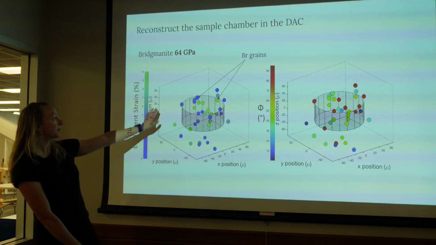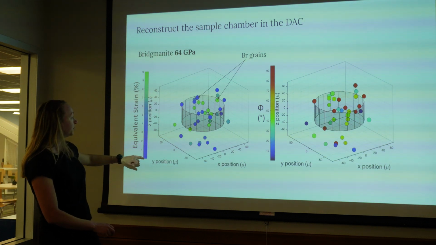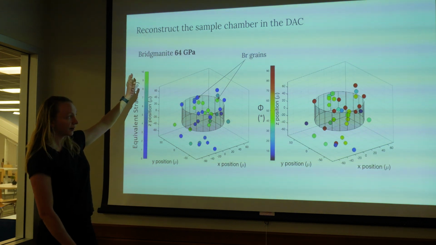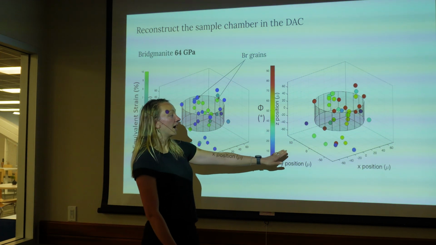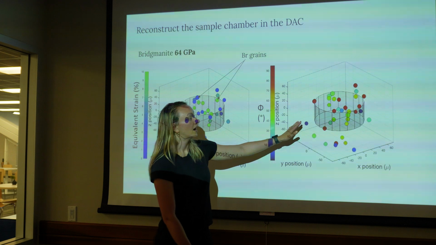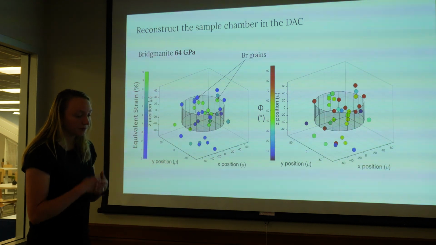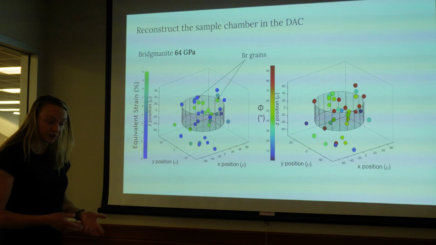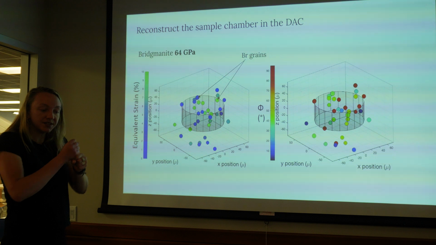On the left we have equivalent strain given by blue to green, with green being higher equivalent strain and blue being lower. And on the right we have different orientations of each grain. So really what we're able to do is reconstruct what's going on inside of our tiny little microcosm of the interior of the Earth.